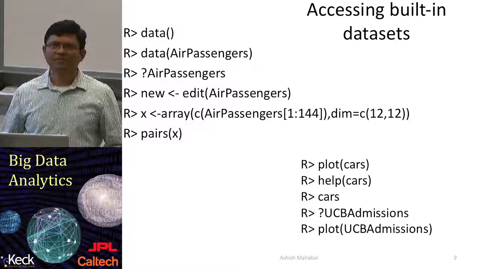Another data set that is useful to look at, because it's very small and gives only 2 dimensions, is cars. So you can simply say data(cars) and then plot(cars). It will just go ahead and plot one column versus the other. Similarly, another data set is UCBAdmissions. You should try doing that. If you plot UCBAdmissions, you'll find that there is a more complex plot that comes about.